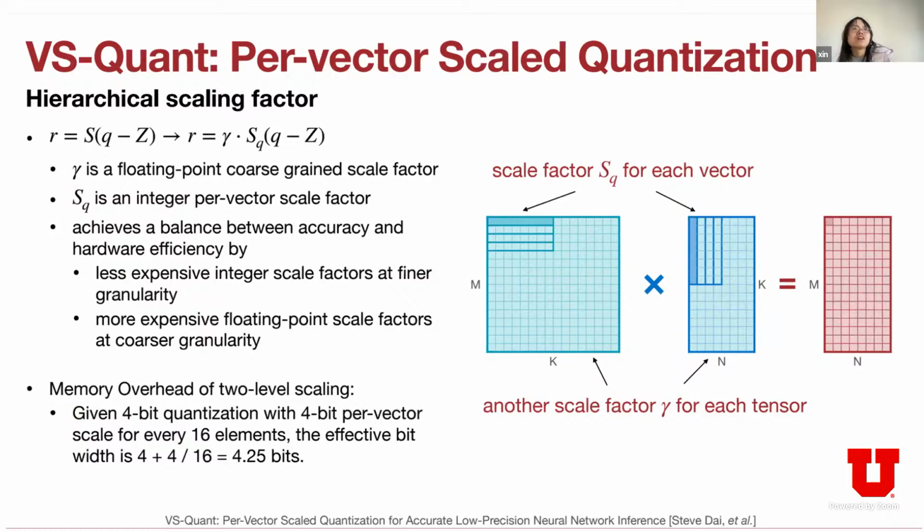So if R divided by S is something like 1.2, then it will be rounded to 1.